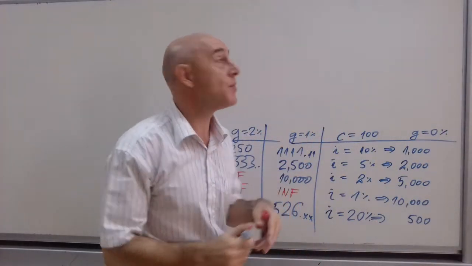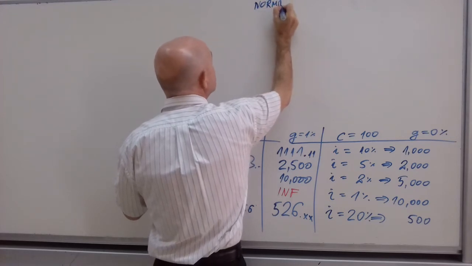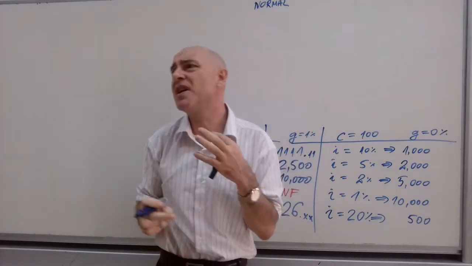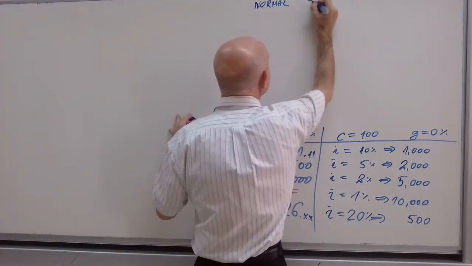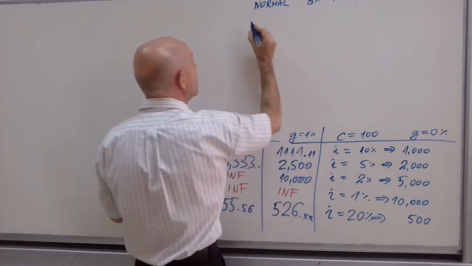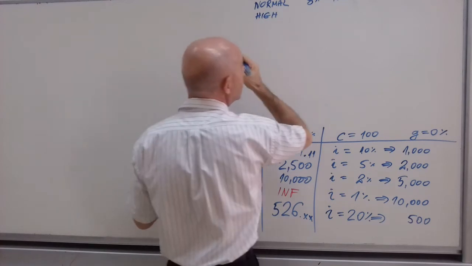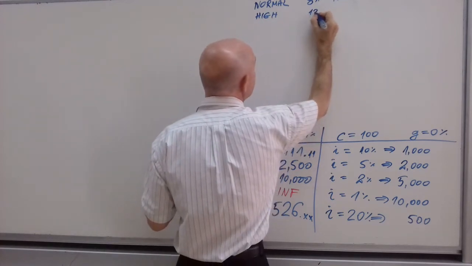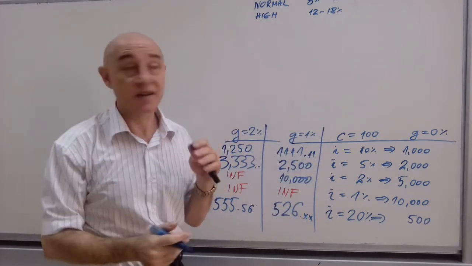All right, what's a normal interest rate? Normal interest rates over the last 200 or 300 years have been about 8 to 10%, okay? Interest rates would be high when they are 12 to 18%.